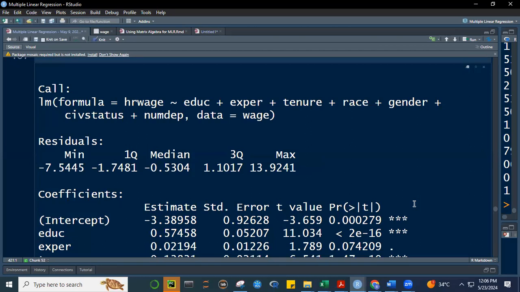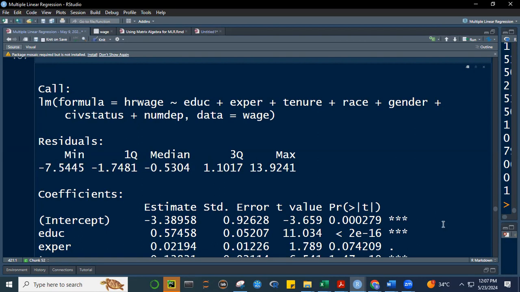Another way to put the statistical test is that the restricted model, the one where race is deleted, is the better model. But actually, the test there is beta of race is equal to 0.